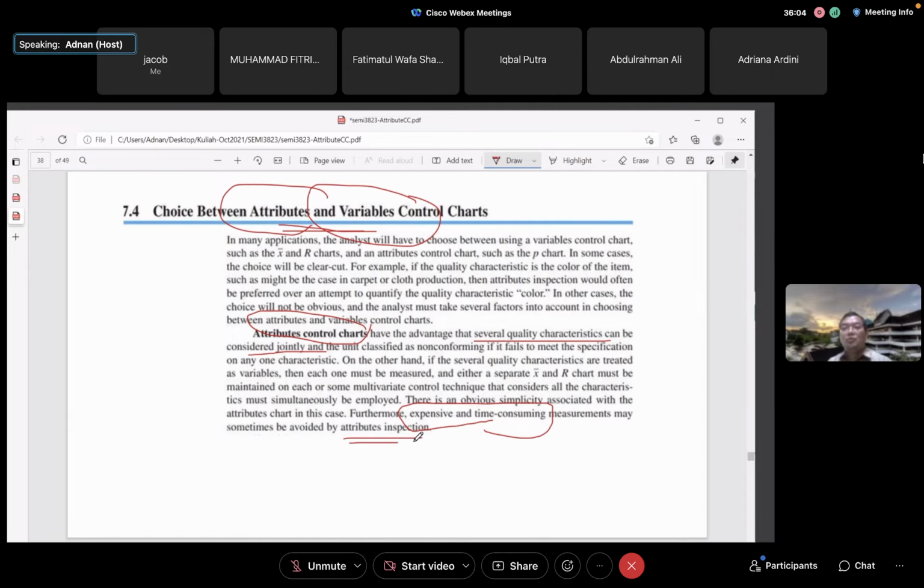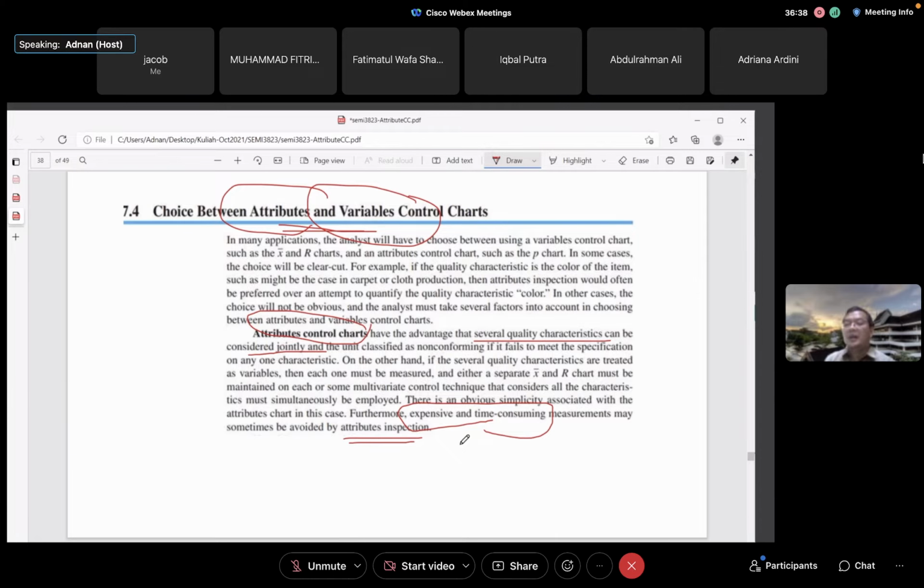Expensive and time-consuming measurement may sometimes be avoided by attribute inspection. Sometimes we want to do measurement, for example, to see whether a product is accepted or not, to measure colors. Whether the color is clear or not clear, we need to buy equipment to measure color. Since it's expensive to get a machine that can give values, we say, why not just do inspection by attribute, to see whether it is clearly printed, or blur, or in between.